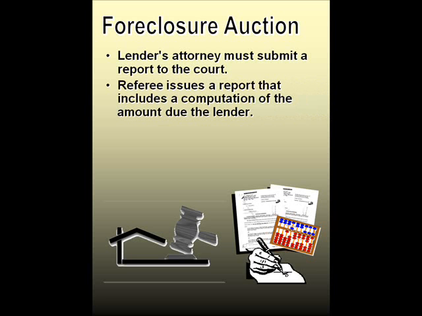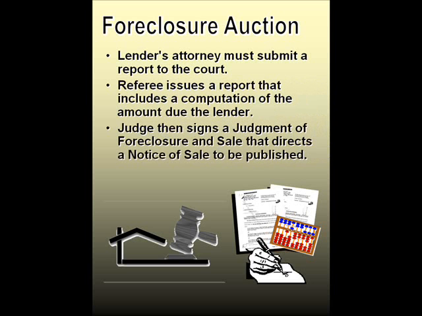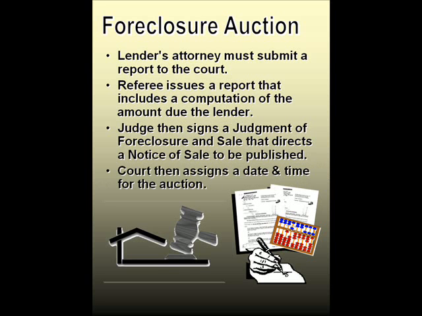The judge then signs a judgment of foreclosure and sale that directs a notice of sale to be published and the referee to sell the property at auction. The court then assigns a date and time for the auction, and it is published in the notice of sale in a local newspaper approximately 4 weeks prior to the auction.